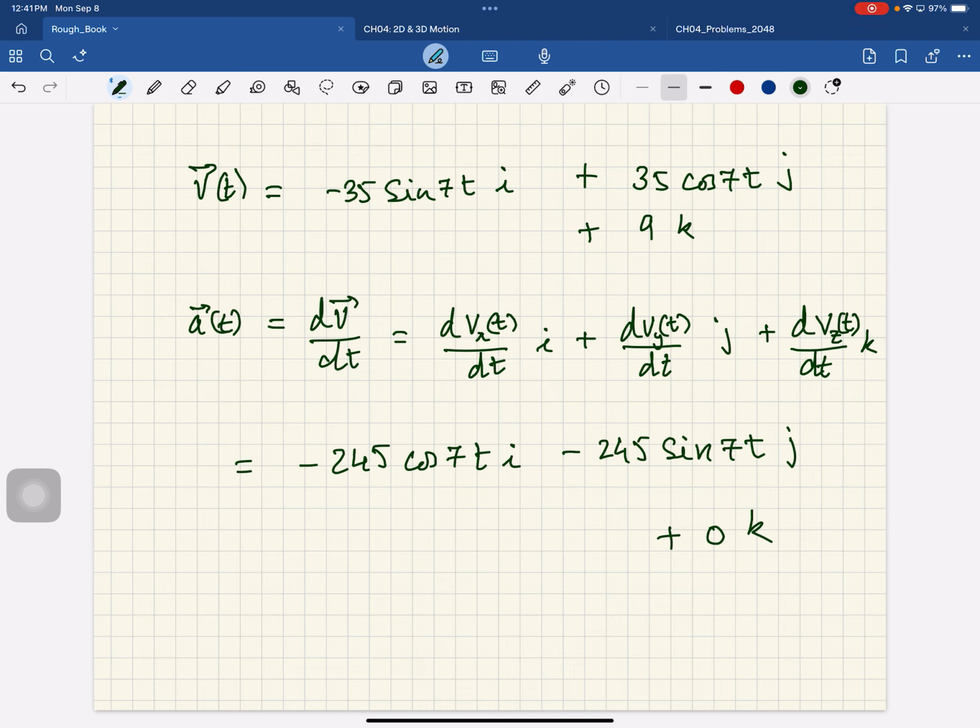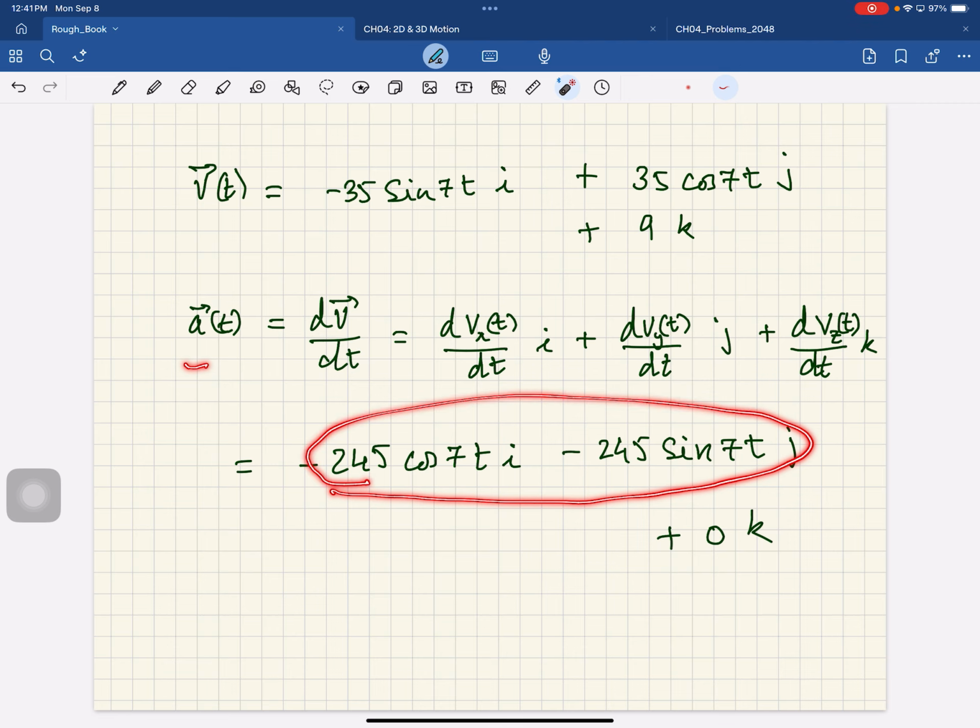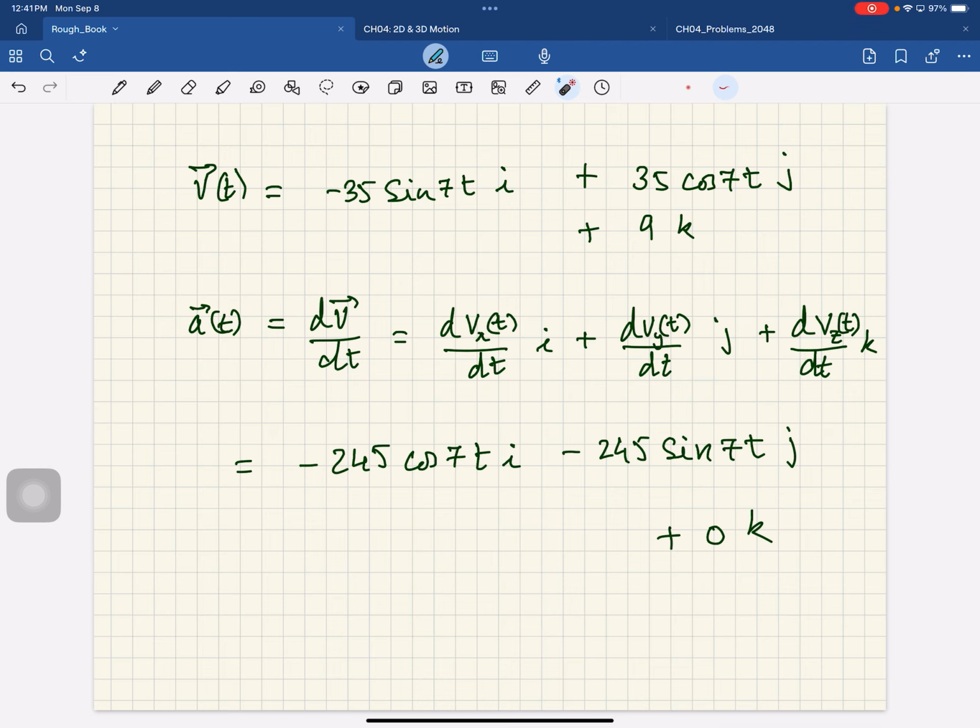So the acceleration is in the xy plane. There's no acceleration in the z direction. So that's the things we're interested in.